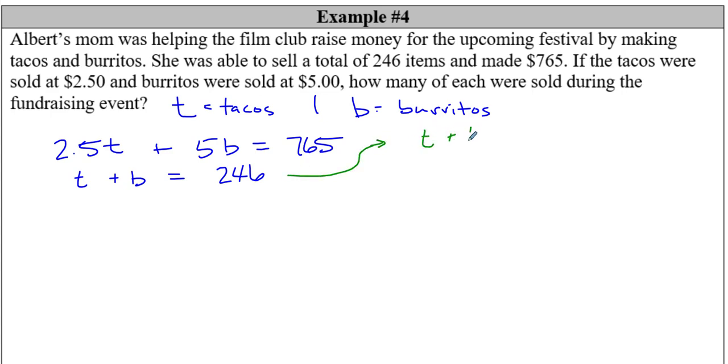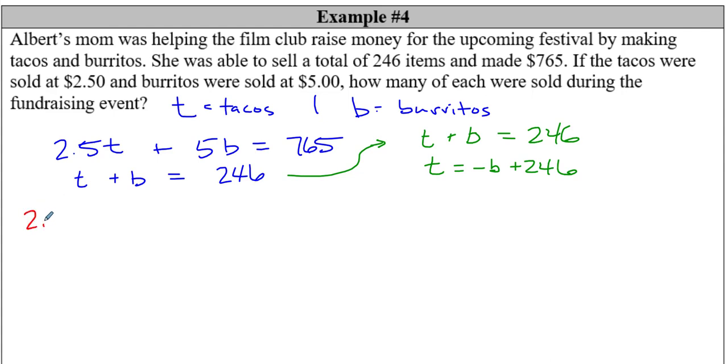So I'm just going to go ahead and rewrite this. I'm going to solve for tacos. So I would subtract this b from both sides, and I would get t is equal to negative b. Oops, it's kind of ugly. T is equal to negative b plus 246. Now let's plug this into our t back over here.